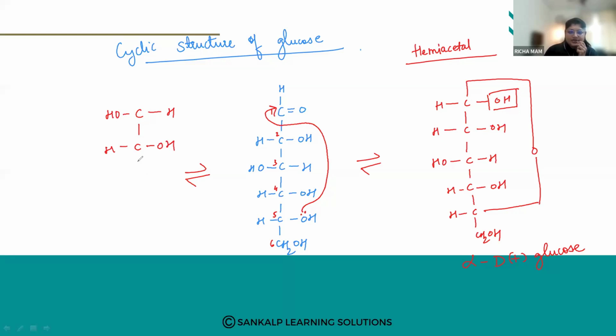So hemiacetal structures are very important. They will ask you for exams. So please practice these structures. Very important. So again, the bond is formed between the fifth carbon and the first carbon. So this is your hemiacetal structure if OH is on the other side.